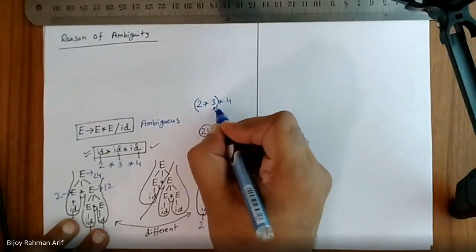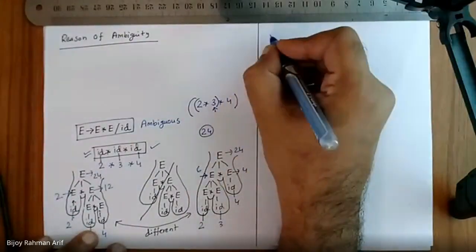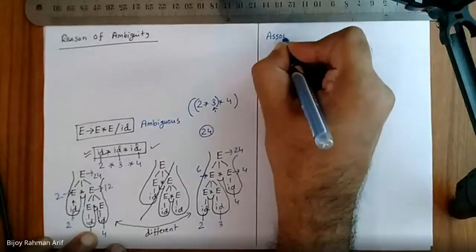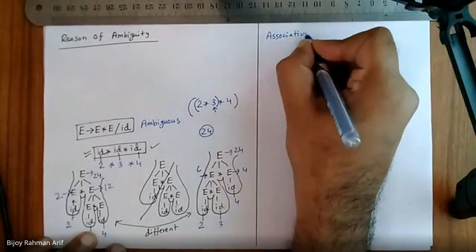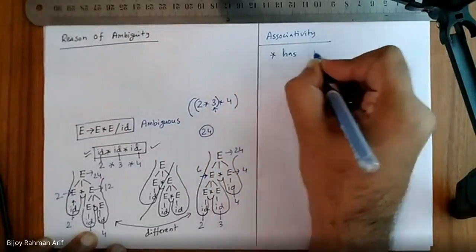Am I right? Then we perform the next one. Is it clear to you? This is called associativity, and multiplication has left associativity.